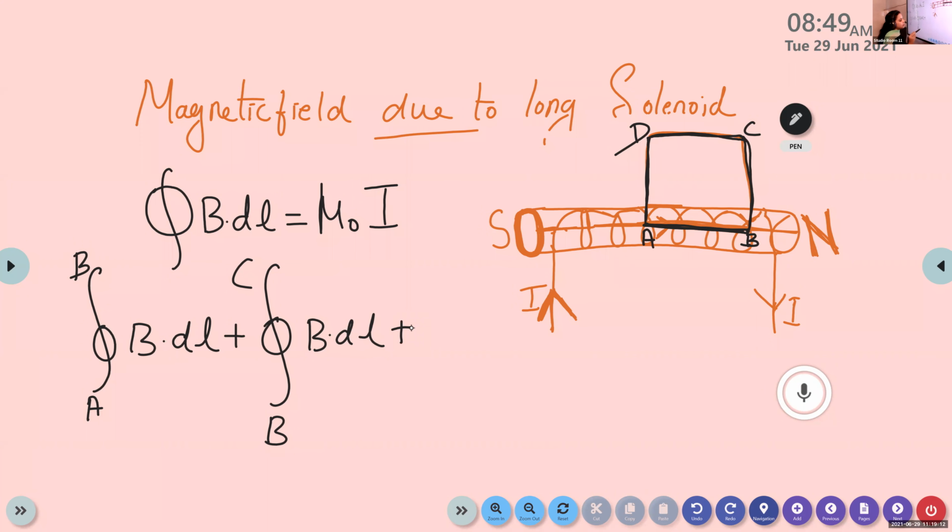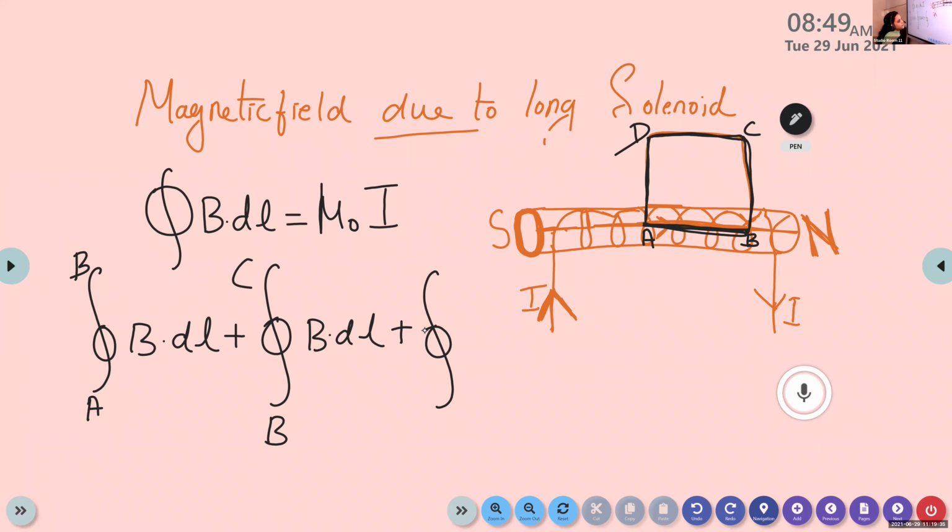Here we have 4 sides for this amperian loop, so we need to apply the Ampere circuital law equally to all these 4 sides. The first one is closed integral over A to B, B dot dl, plus closed integral over B to C, B dot dl, plus, what about the next side?